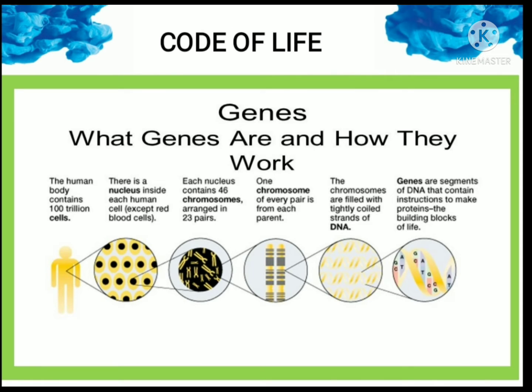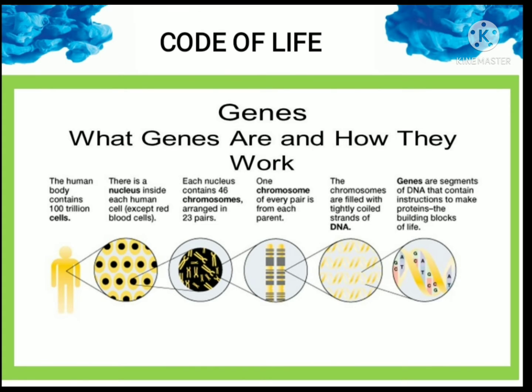Our body contains 100 trillion cells. The nucleus is inside every human cell, except the red blood cells. Each nucleus contains 46 chromosomes arranged in 23 pairs.